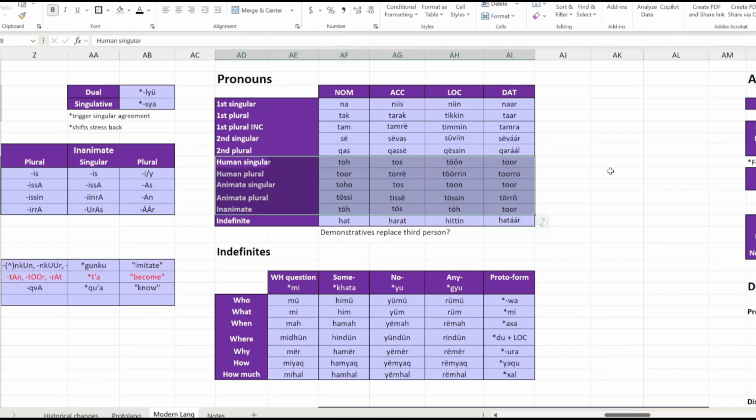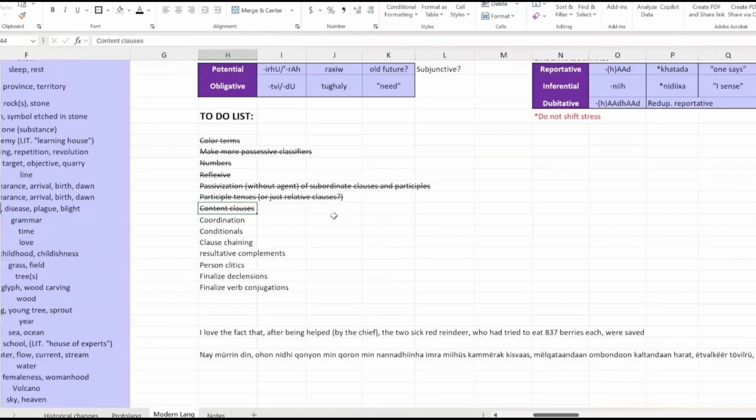I'm sure there's a way of disambiguating things, but from at least one resource I found, it seemed to imply that the only way to tell the difference is just through prosody, which surprises me. But if we just go with the generic third-person pronoun, I don't think we should run into much trouble. So unless there's something I'm overlooking, I think we are content to cross content clauses off the list.